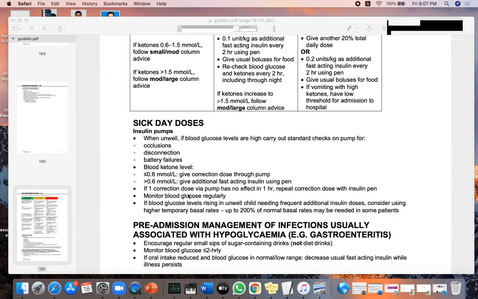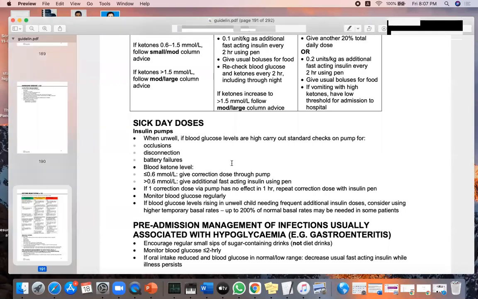So there are certain red flags in a diabetic child. Can anyone tell me what the sick day red flags are? You can unmute yourself. Very easy.